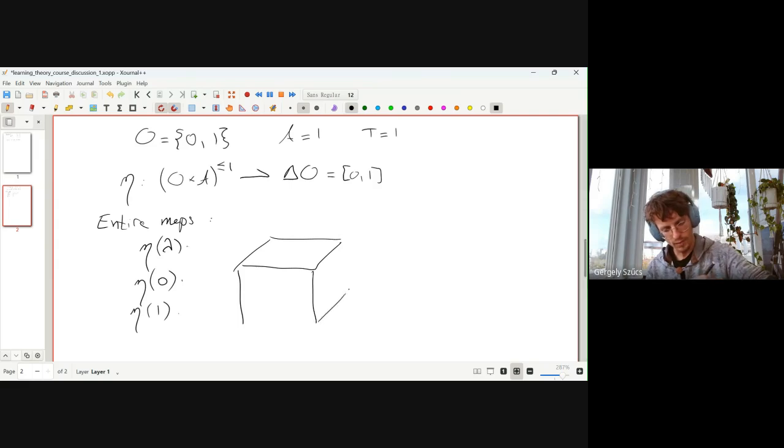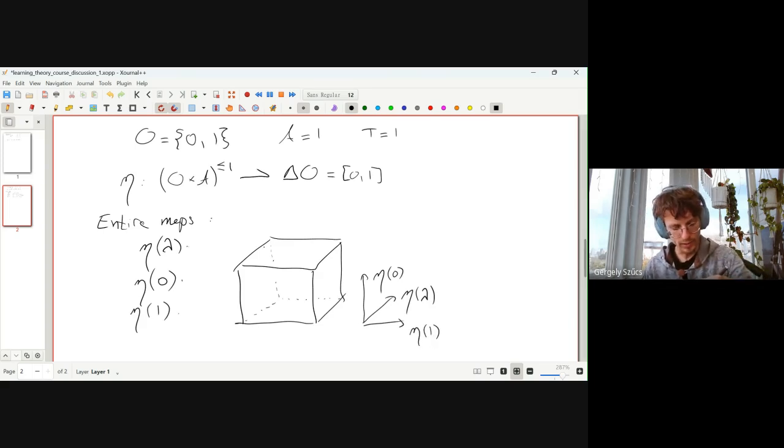A cube like this, where let's say this direction is what eta on the empty input is, and then let's say vertically up is eta on 0 and horizontally is eta on 1.